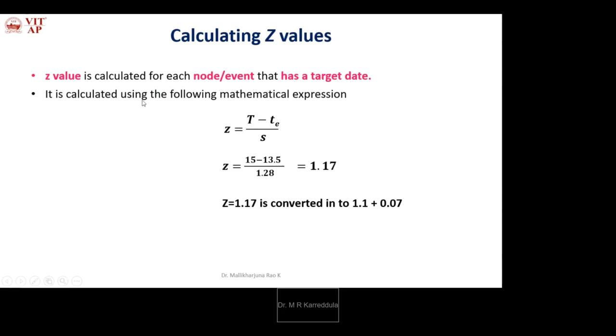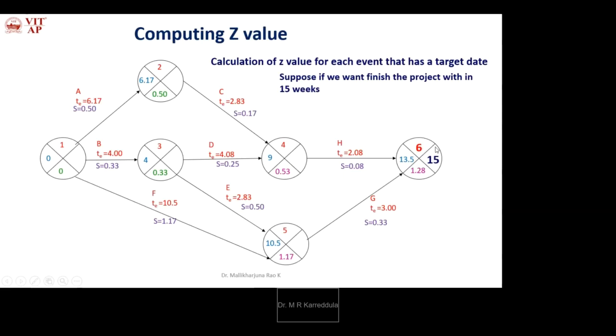It is calculated using the following expression: Z equals capital T minus TE divided by S. Here T is the target date given in the problem statement, TE is the expected duration of that particular event, and S is the standard deviation of that event. For which event do we calculate? For the last event.